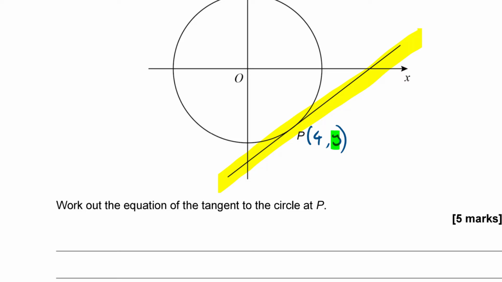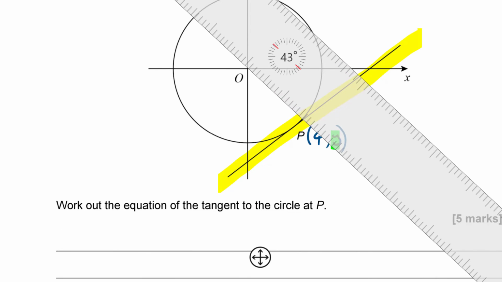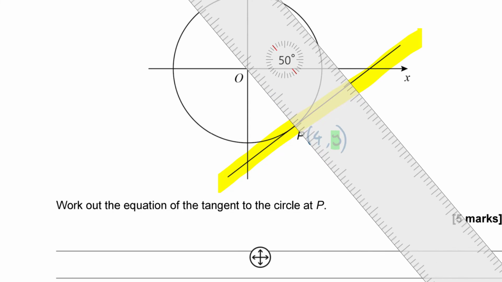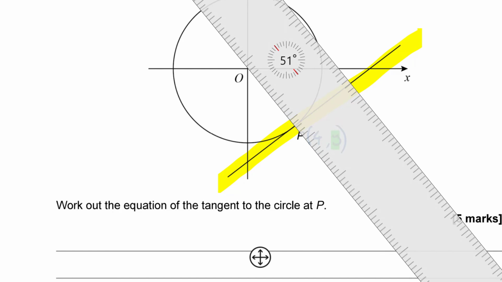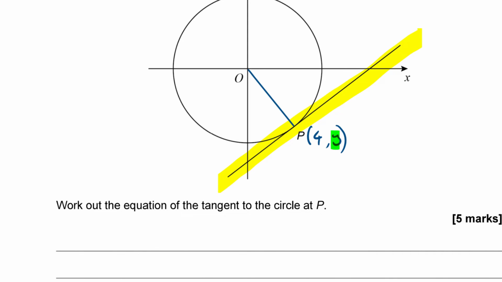Now, how are we going to find the second point or the gradient? Well, if I draw this line in, which is the radius of the circle, then you should know from the properties of a circle that a radius joins a tangent at 90 degrees.